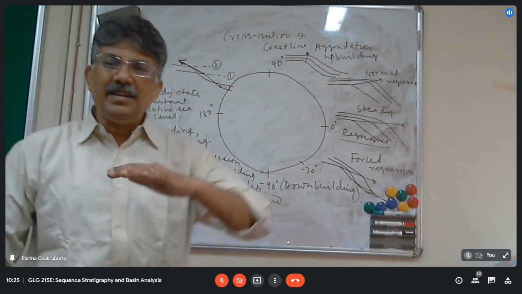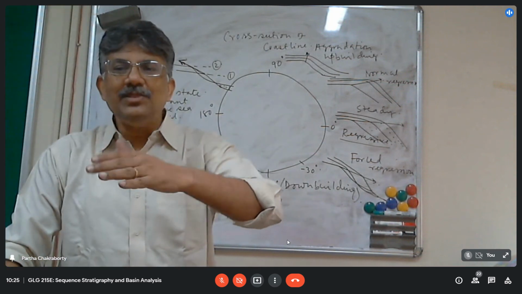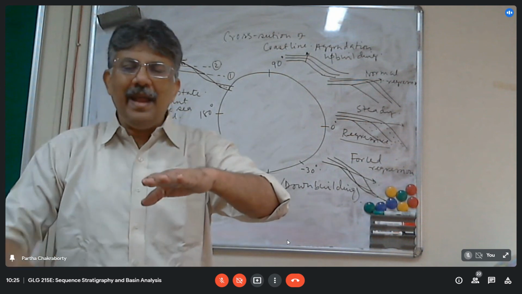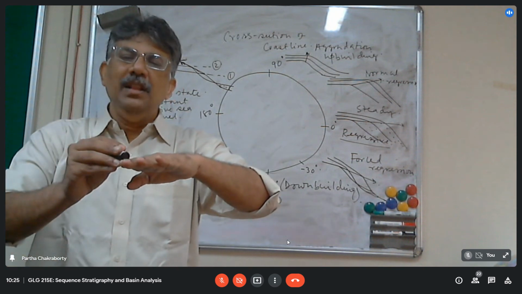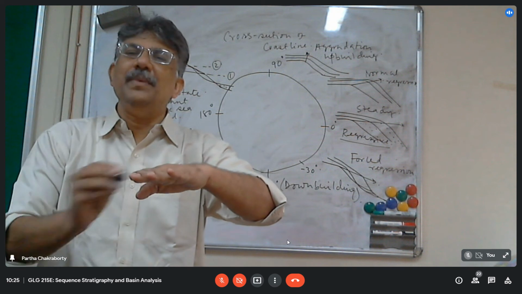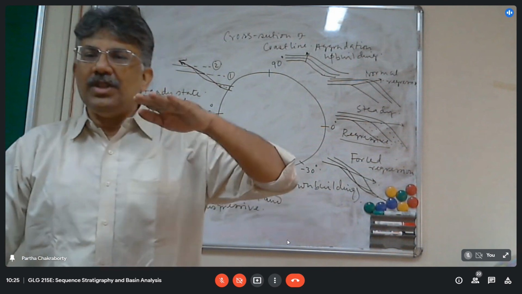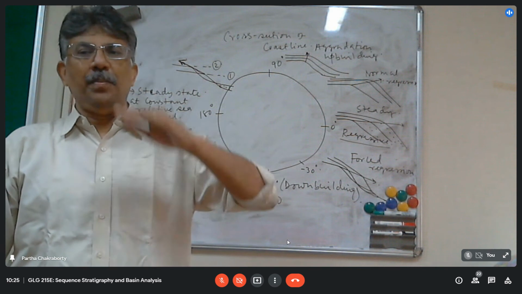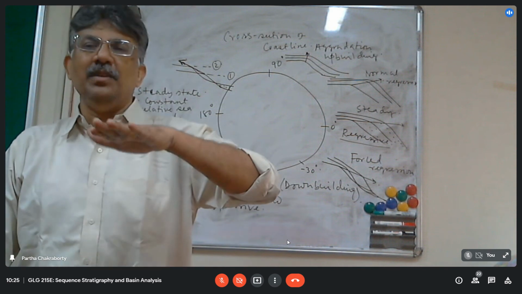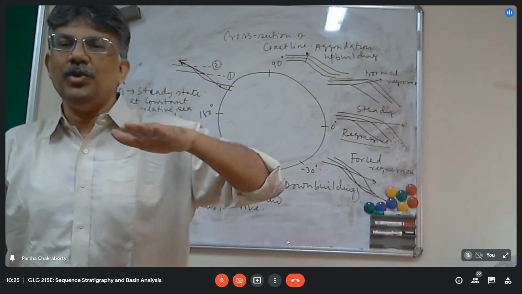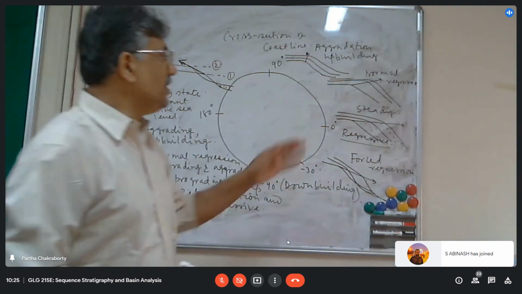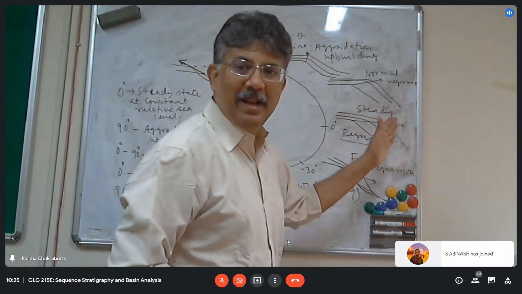The reason is that the water level is not rising. It is steady, and the accommodation that is available is getting filled by the sediment supply. So the shoreline profile, the coastline profile, will remain at the same level, and you will get the steady growth without any change in the profile.